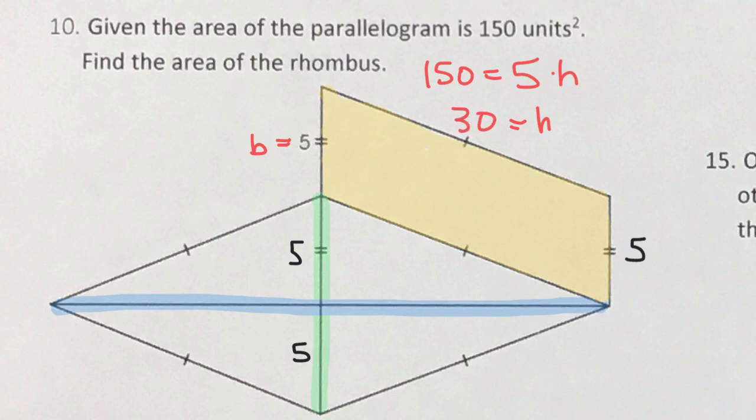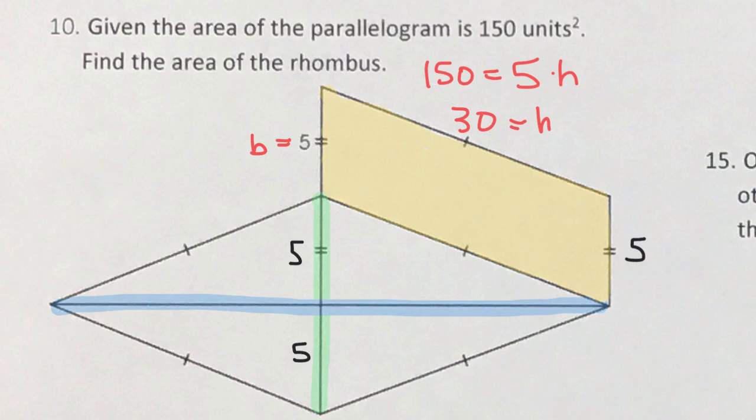So the question is, where do I put that 30? And if you're thinking about the side of your rhombus, you're dead wrong. Because everybody should know that anytime you're multiplying two things together to get you an area, they have to be perpendicular. And last time I checked, that is not a 90-degree angle.